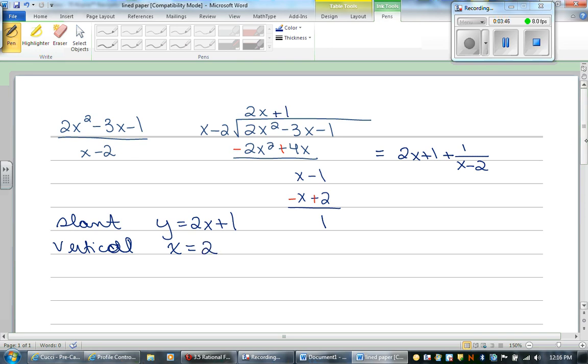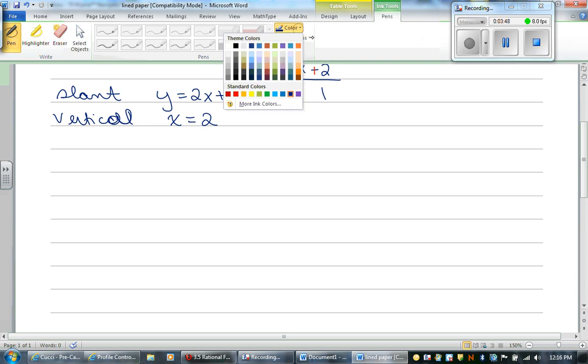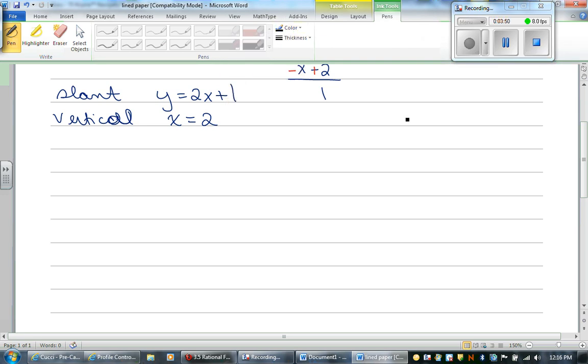So, if I wanted to, just to take a peek at this, we've got our asymptote at x equals 2.